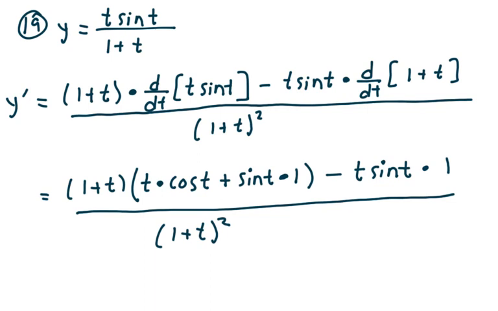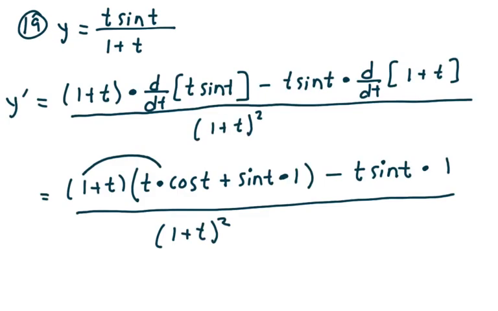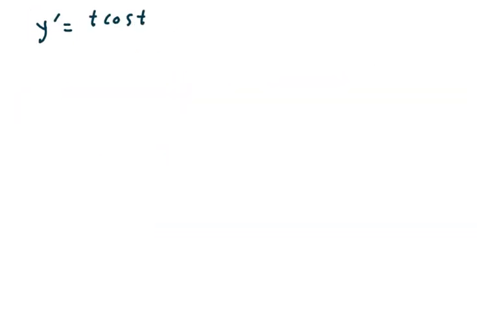And so I'm going to multiply this out. So I'm going to take 1 times t cosine t, which is t cosine t. And then I'm going to add sine t.